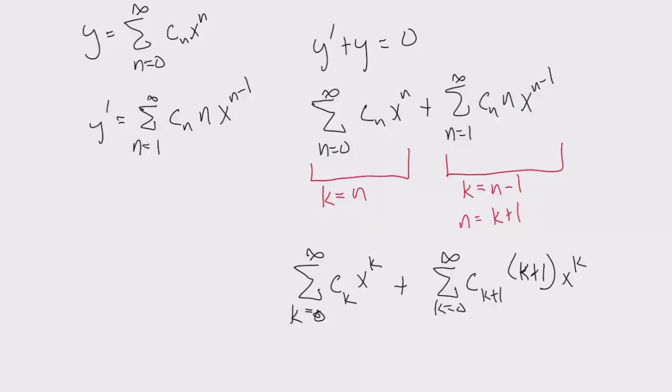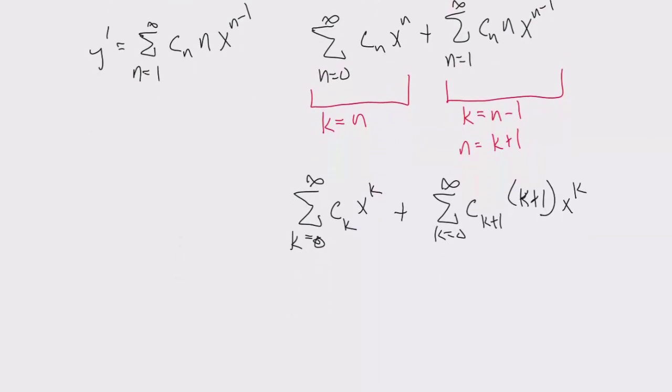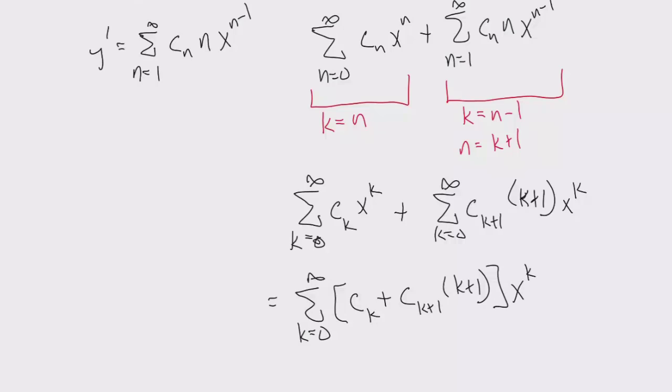That's good news. We've got our summations to match, we've got our exponents to match, so we can combine them into a single expression. So k equals 0 to infinity of c sub k plus c sub k plus 1 times k plus 1, all of which is times x to the k power.